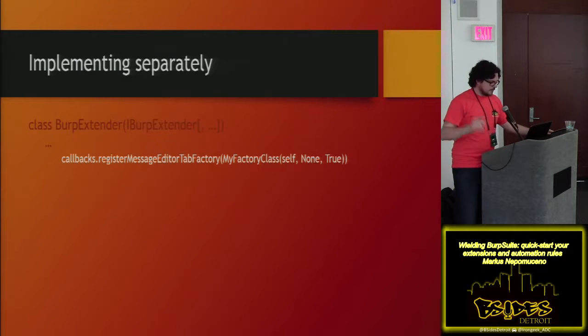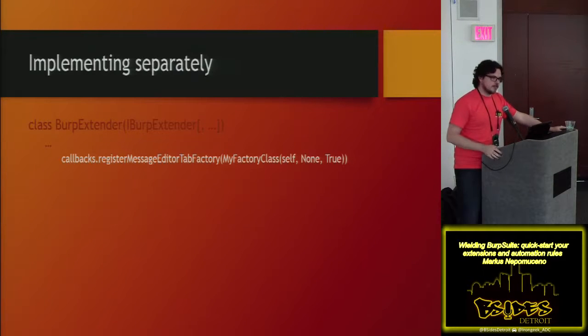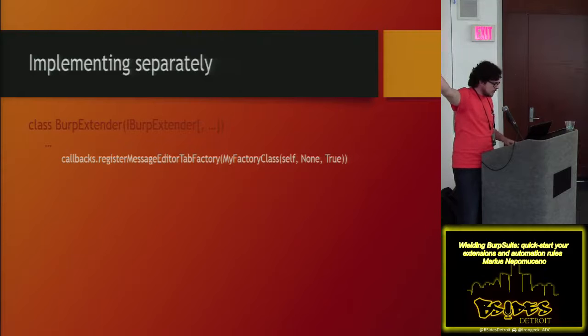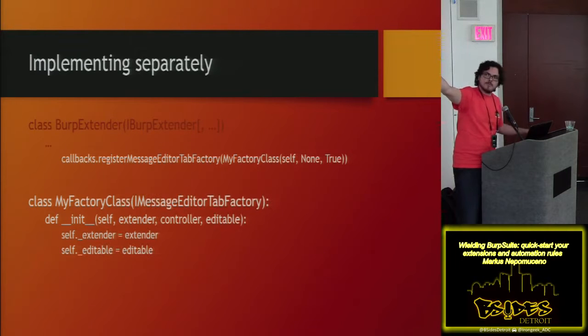Now, on the flip side, I need two custom tabs, which means I cannot just call iMessageEditorTabFactory straight inside my BurpExtender class. I still have to register my extension as a custom tab extension, but now I am passing an actual factory class, which of course I will have to create myself.